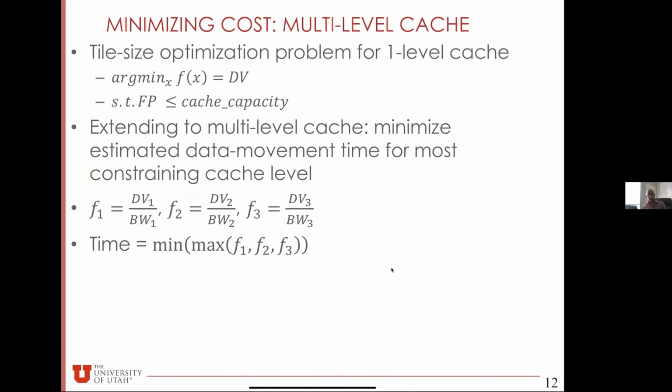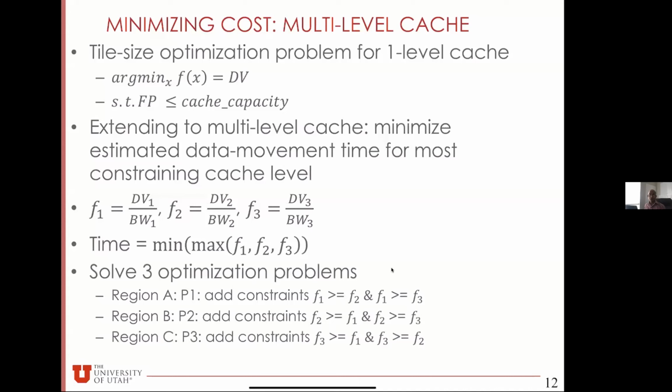Essentially each of these Fi is a lower bound on the amount of time it will take to move that volume of data through that level in the cache hierarchy. And our objective is to minimize the maximum amongst F1, F2, F3. So we want to find the set of multi-level tile sizes such that we minimize this maximum function.